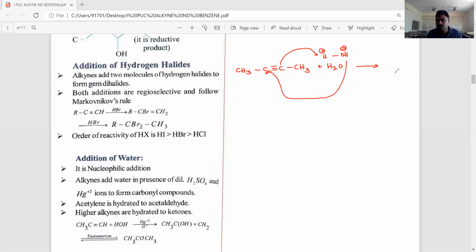Then the product is the enol CH3 C(OH) double bond CH CH3. This enol is unstable and undergoes keto-enol tautomerism, with migration of a hydrogen atom, to produce the corresponding more stable ketone.